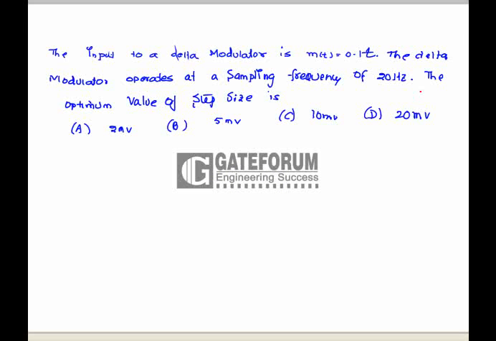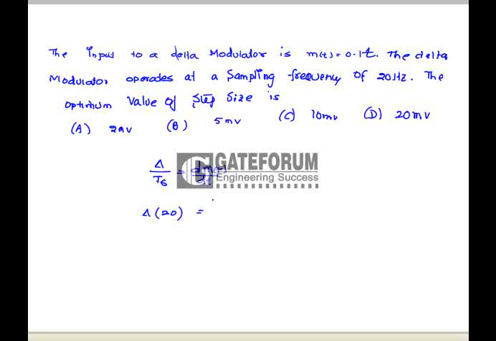The delta modulator input is m(t) equals 0.1 t. The delta modulator operates at a sampling frequency of 20 Hz. The optimum value of step size is? The optimum step size condition is delta by Ts equals dm(t) by dt, where delta is the step size and 1 by Ts is the sampling frequency, which is 20 Hz here.